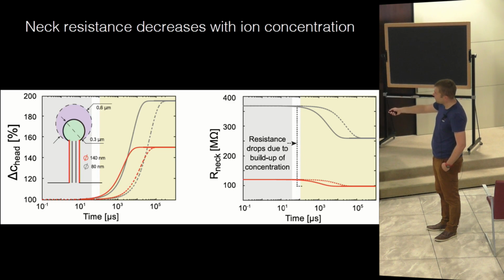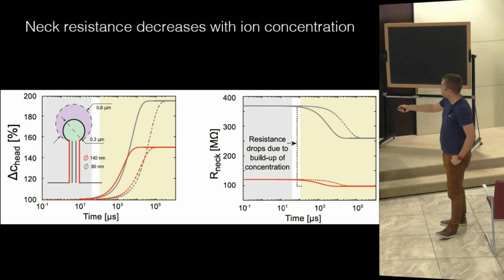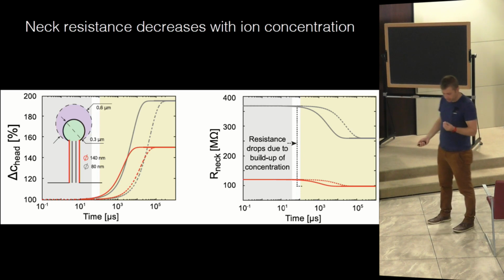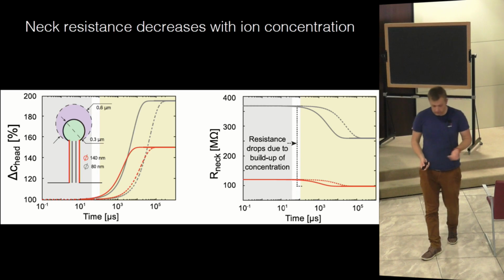The time is slower when you have a big head because you have a big volume. And the value of the plateau will be even more important when the neck is tiny. And this is because we have seen that the neck resistance decreases with the concentration.